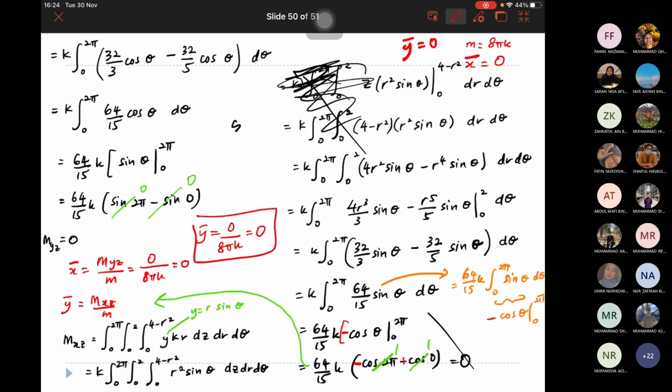So yang dah cuba kira z bar pula. Z bar tengok dekat dia punya formula. Kalau dah slide ni, angkat tangan ni.